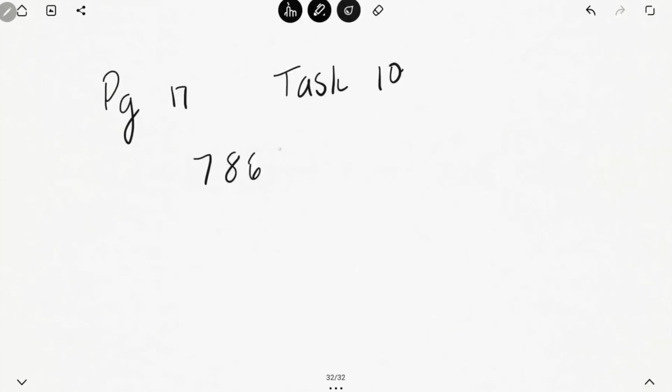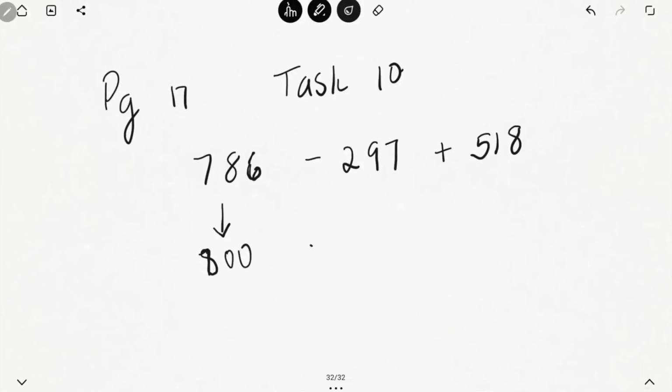All right, now we're going to go to, again, page 17, and it's going to be task 10. And let's see how we're rounding here. Our question is 786 minus 297 plus 518, and we want an estimate. All right, so we're going to round everything to the nearest 100. Based on everything we learned, 786 to the nearest 100 is going to be 800. 297 to the nearest 100 would be 300. 518 to the nearest 100 would be 500.